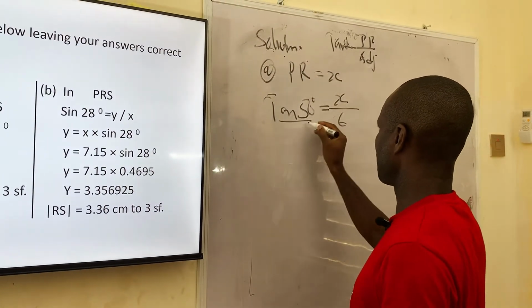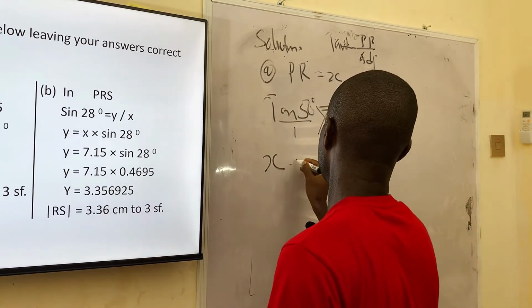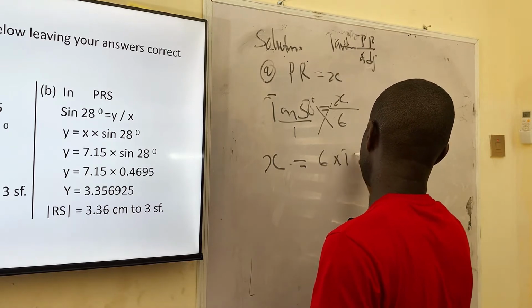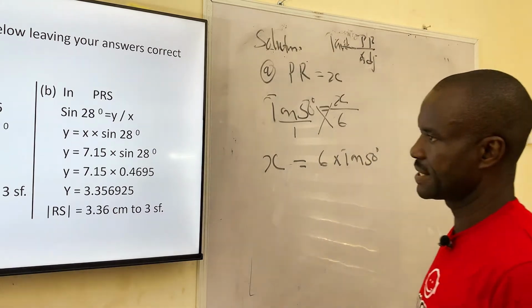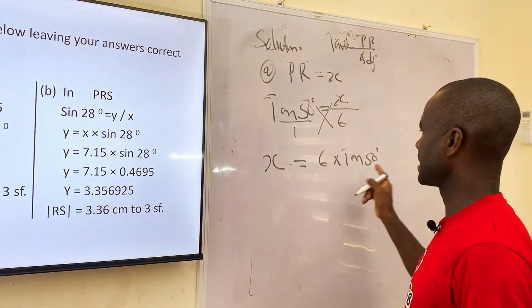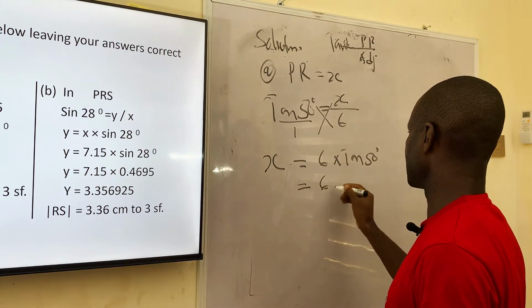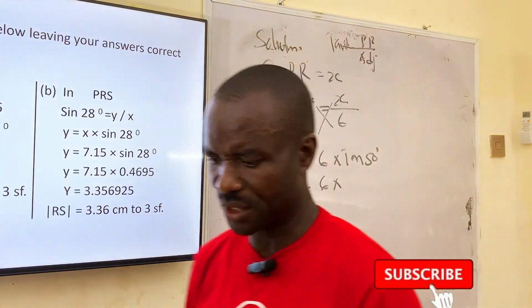So from here we can calculate the value of X. How do we calculate the value of X? You cross multiply. If you cross multiply, you have X equals 6 times tan 50 degrees. You find 6 multiplied by tan 50 degrees. Somebody help us with the calculator.